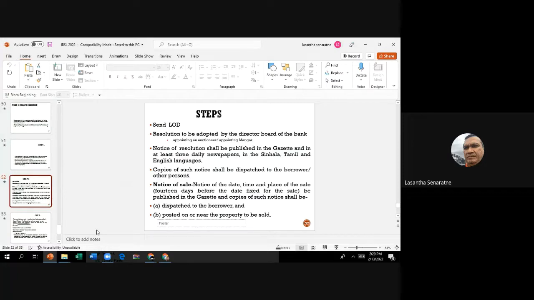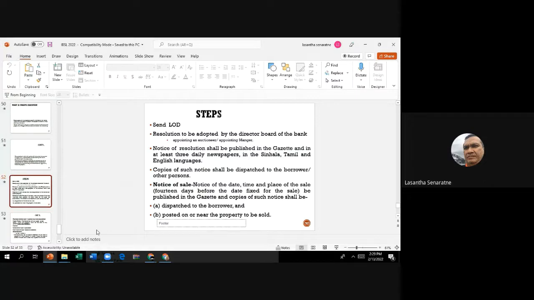Copies of such notices shall be dispatched to the borrower and other persons. Notice of sale, notice of the date, time, and place of the sale, 14 days before the date fixed for the sale, shall be published in the Gazette, and copies of such notices shall be dispatched to the borrower, posted on or near the property to be sold.